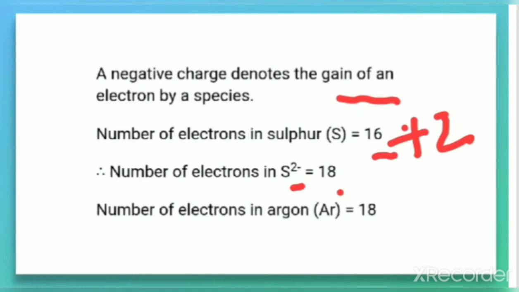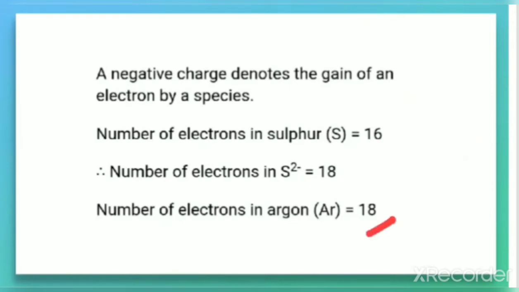The number of electrons in sulfide ion is 18. In the case of argon, its atomic number is 18 and it is an atom, not an ion, so you can keep the atomic number as the number of electrons. Therefore, it is equal to 18.